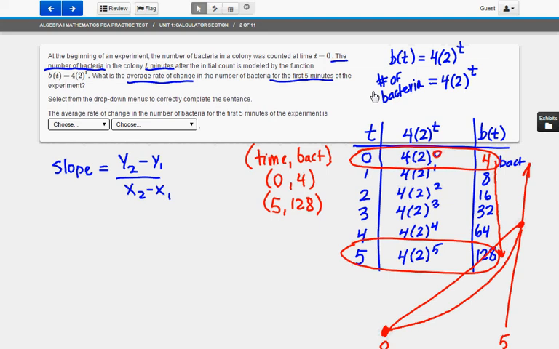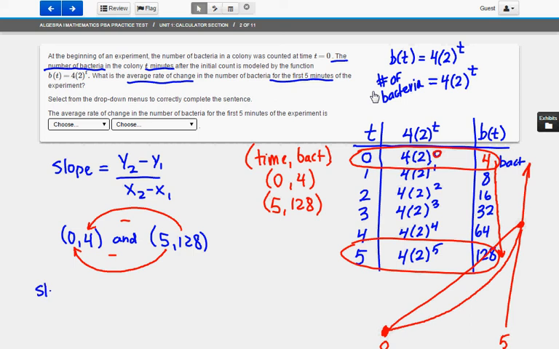So if we're working with these two ordered pairs, 0, 4, and 5, 128, we can find the slope, or the rate of change, which is 128 minus 4 over 5 minus 0. And so that gives us 124 over 5.